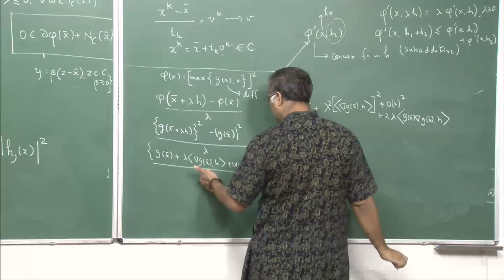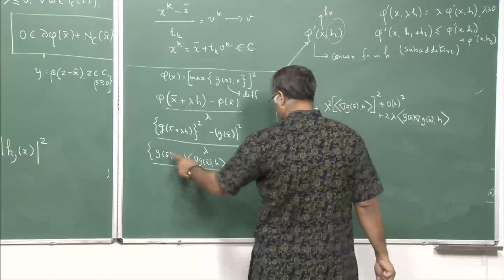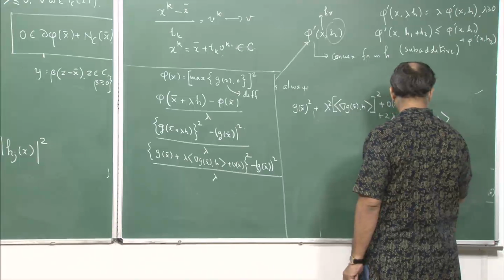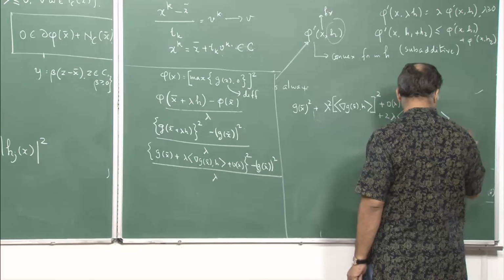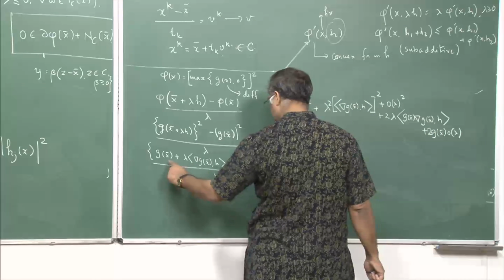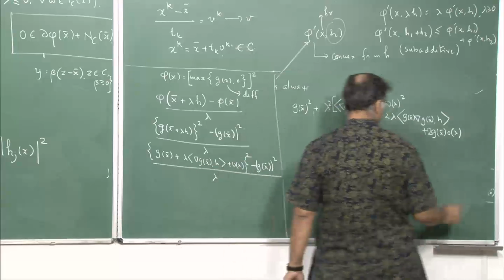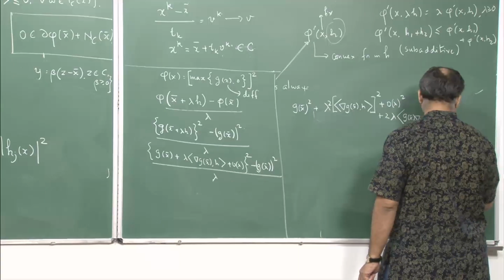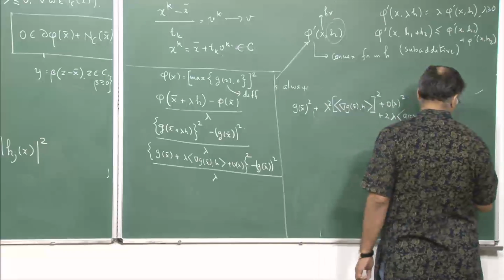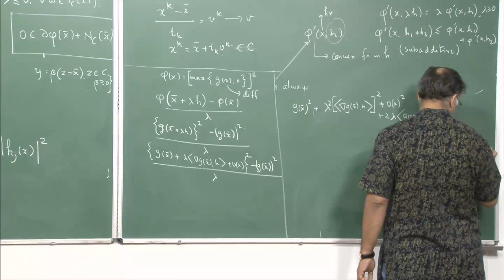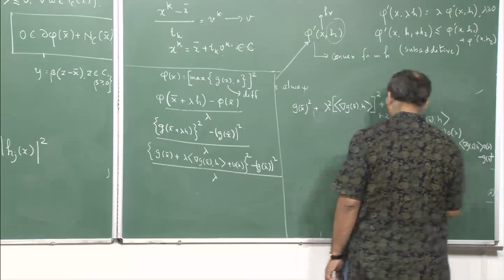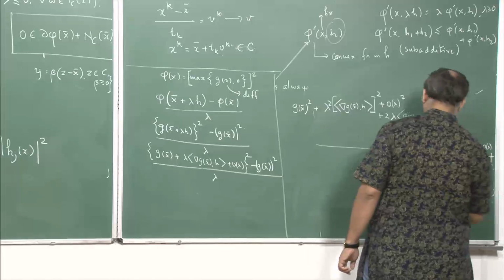I just pulled in the g x bar into this. Of course, plus this into this. So, now I subtract g x bar squared from this thing, and the whole thing is now divided by lambda.